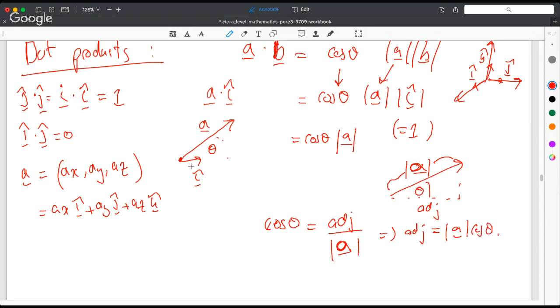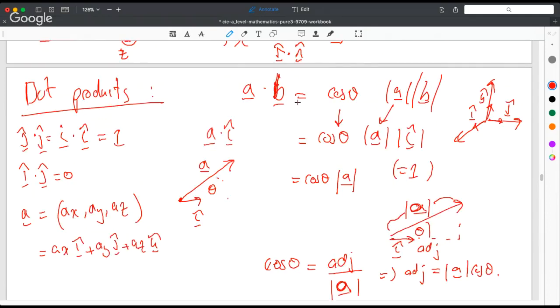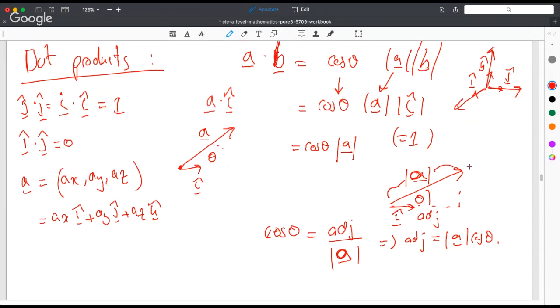So when we did A dot I, what we really did is find the length of this line in the I direction. When you take dot products, you find the length of a vector in this direction. So A dot I was A cosine theta, the length of A along the I direction. That's what dot products do. They take the shadow of something else.